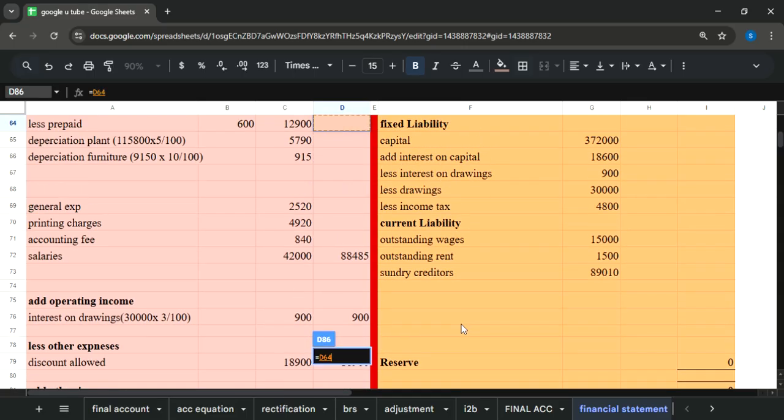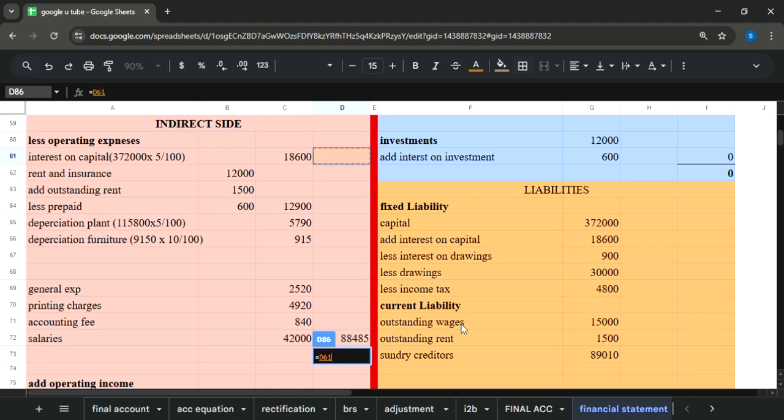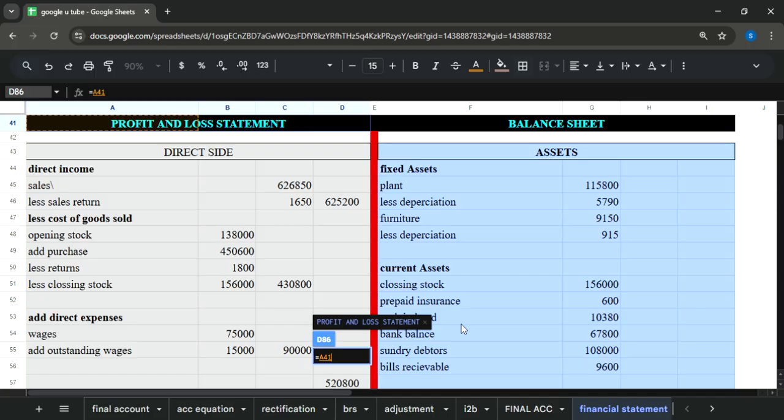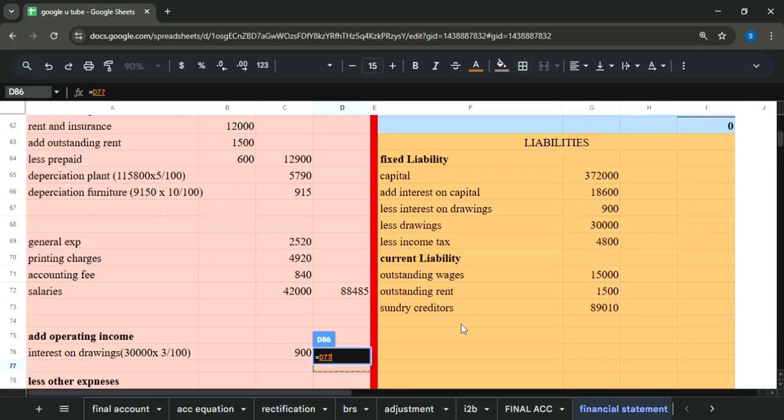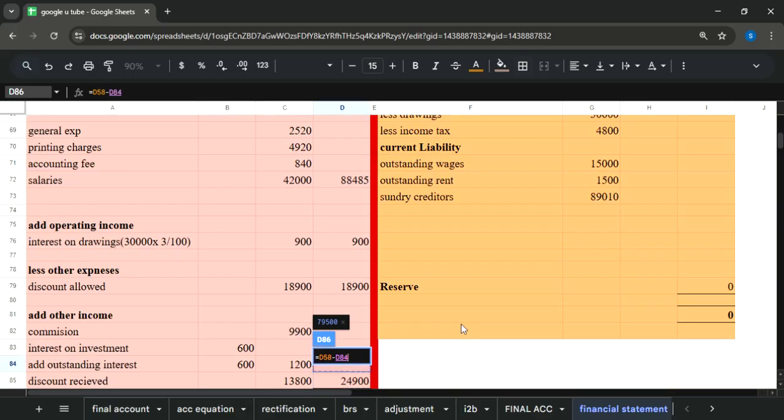Now, the final net profit we are going to calculate. You will have to be very attentive. We will go to GP, and the amount of gross profit was 104,400. Then you will subtract the operating expense total, and this was the operating expense.